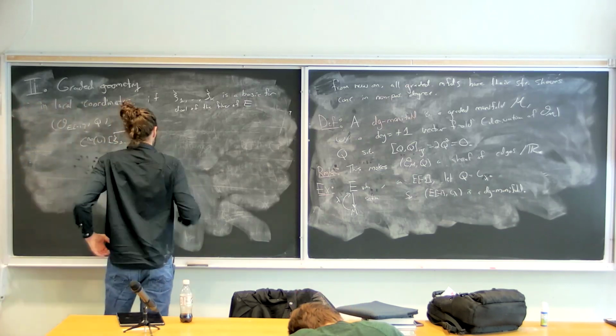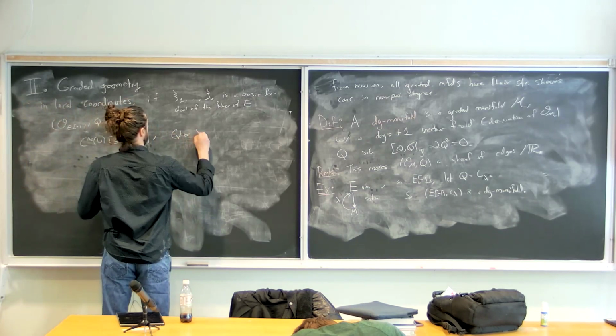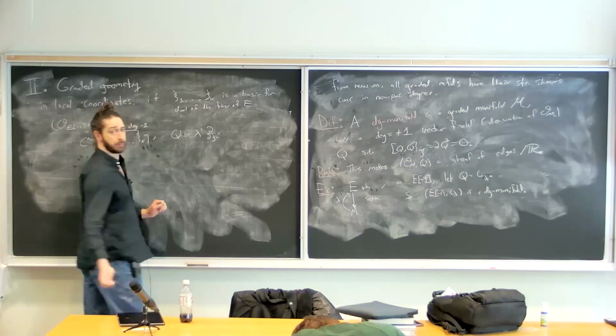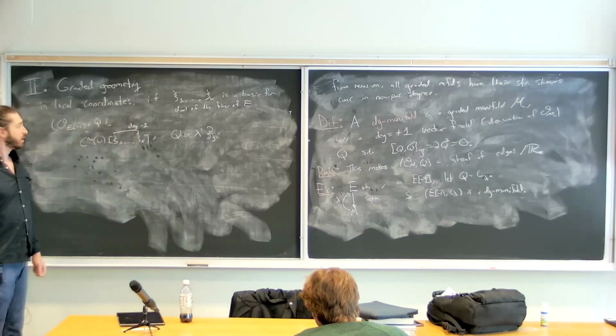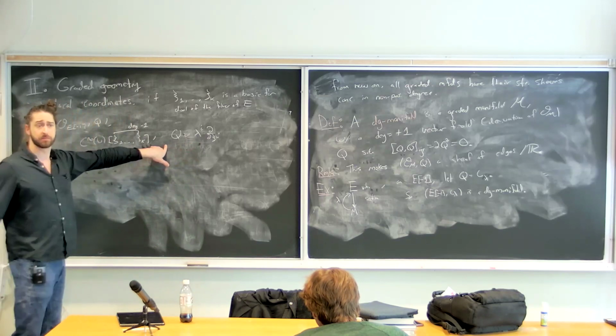And then Q is just lambda^i partial psi^i. That's what the insertion does. And you might recognize this as a Koszul complex.